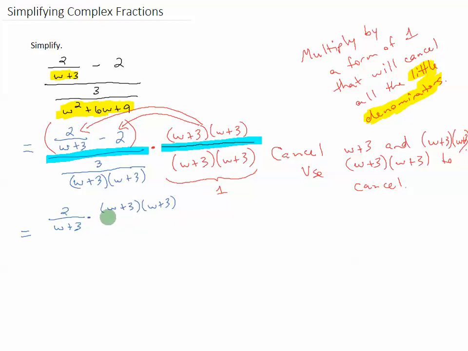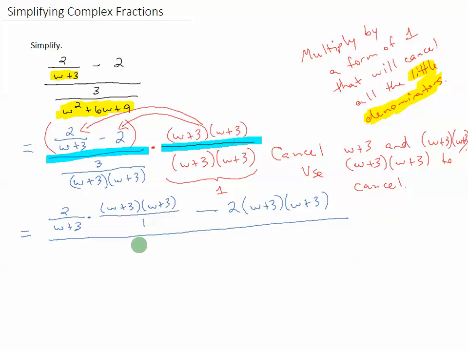Since 2 over w plus 3 is a fraction, I'll write w plus 3 times w plus 3 as a fraction also. To do that, I simply put it over 1. Minus 2 times w plus 3, w plus 3. Notice I didn't write w plus 3, w plus 3 as a fraction here because 2 was not a fraction, so there was no need.